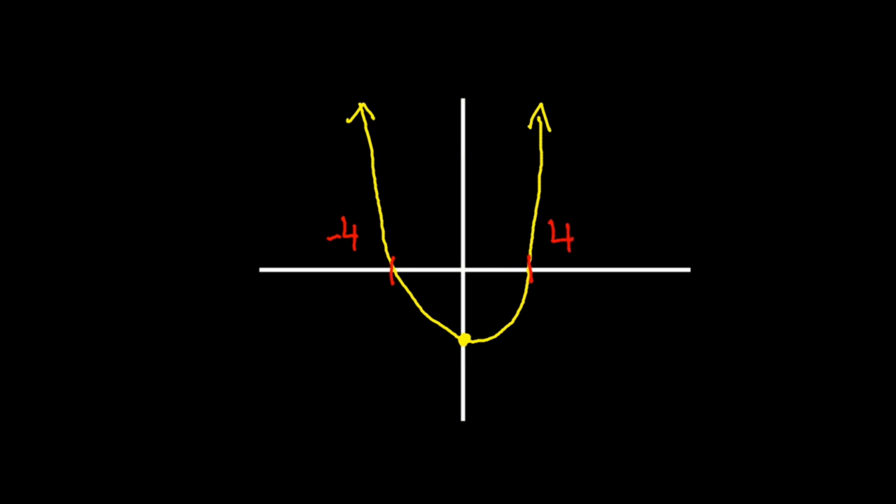This is where it intercepts on the x-axis, and the y-intercept is -4. So what would be the domain and the range of this parabola?